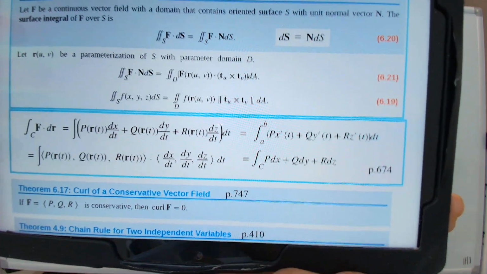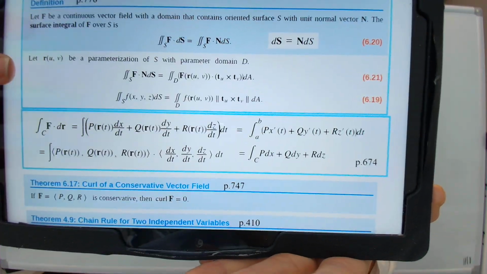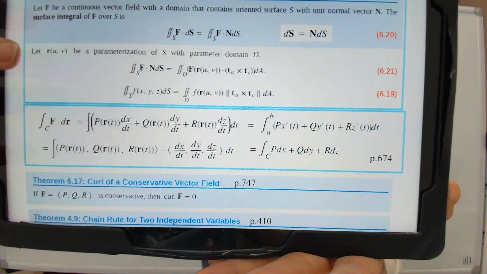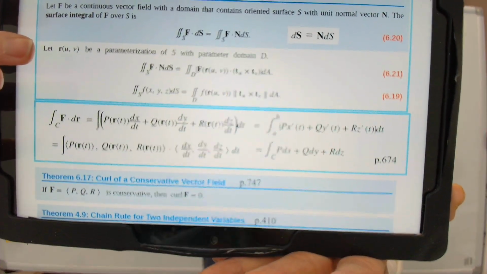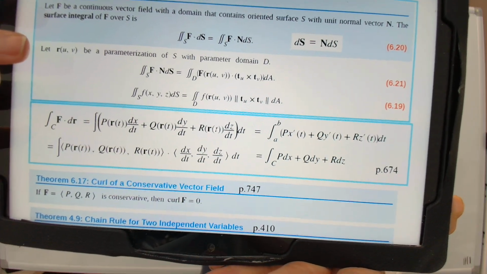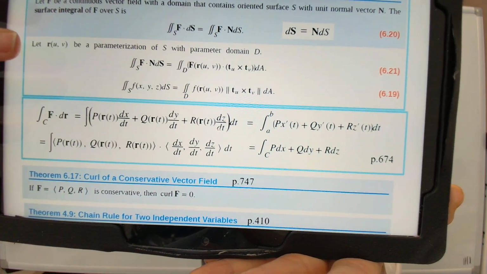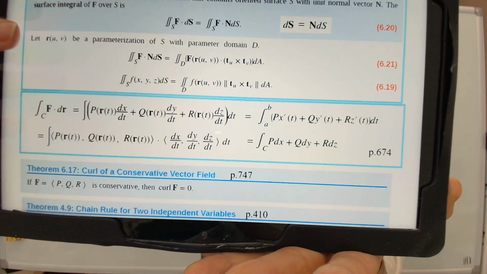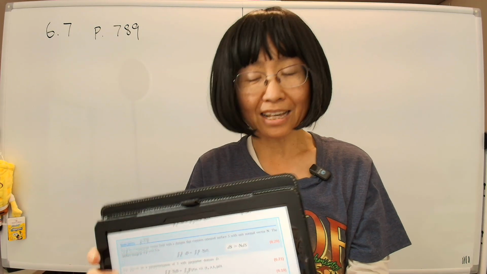And how do you calculate it? As you might recall, the integral of F dot n dS, if r(u,v) is a parameterization of S with parameter domain D, then you integrate it like this. You plug r(u,v) into F, and then you take the cross product of the tangent vectors. Didn't we do that last class?